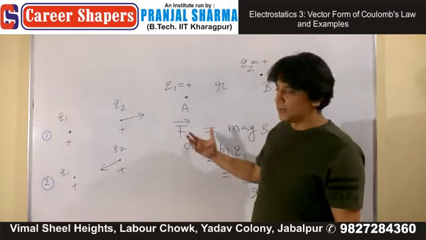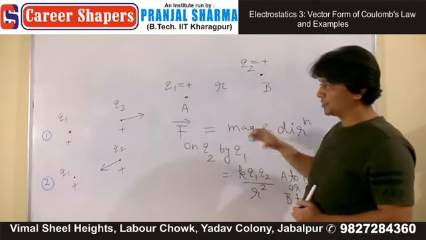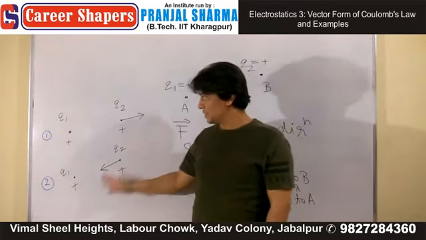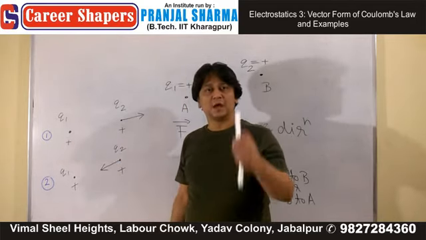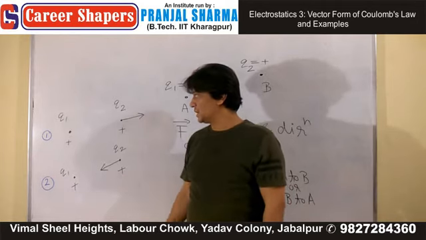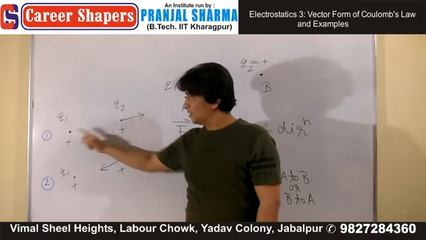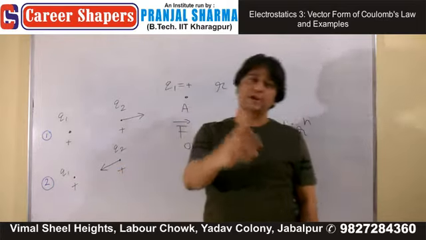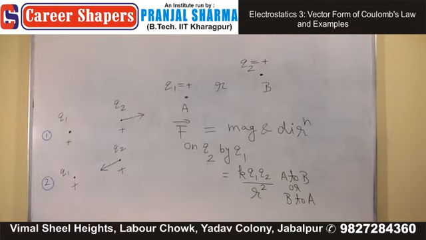Many a time people find it difficult to represent the whole thing in direction form, so let's understand it step by step. If Q1 and Q2 are given like this and both are positive charges, which direction of force on Q2 is correct, this 1 or this 2? Write it down in the comment box.